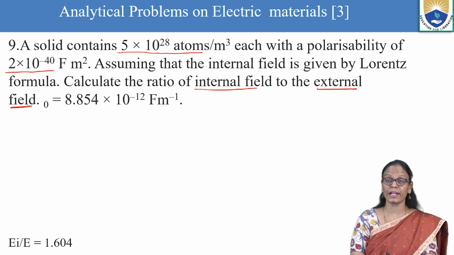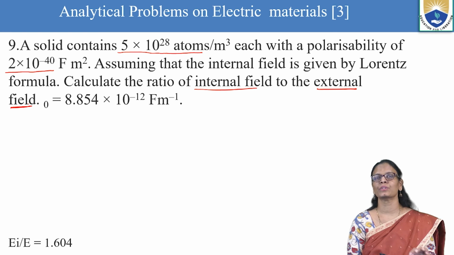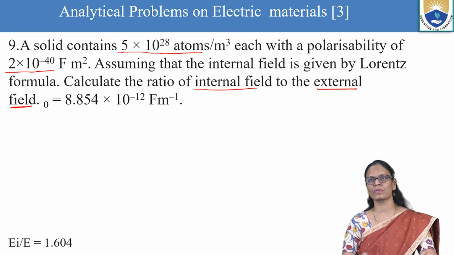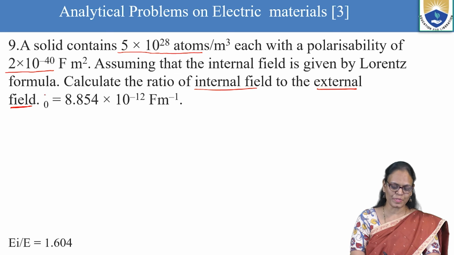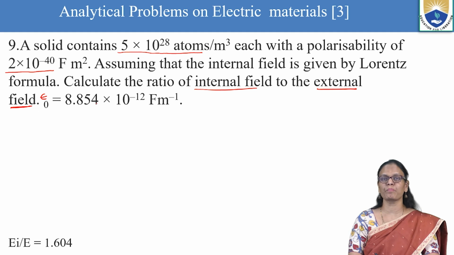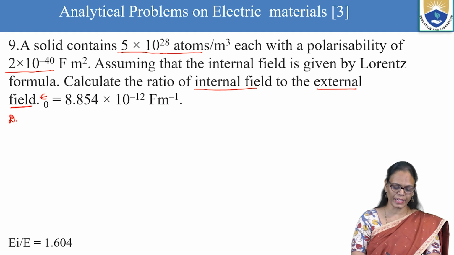So we have to calculate the ratio of EI to E. EI is the internal field. We call it as local field or internal field, and external field is always denoted by capital E. Epsilon naught value is given as 8.854 into 10 power minus 12. So we'll write the data first.